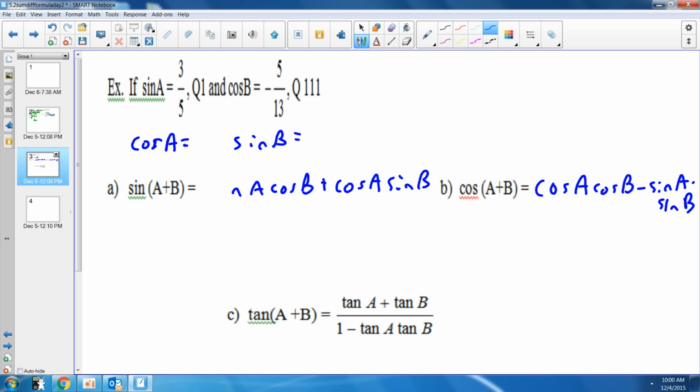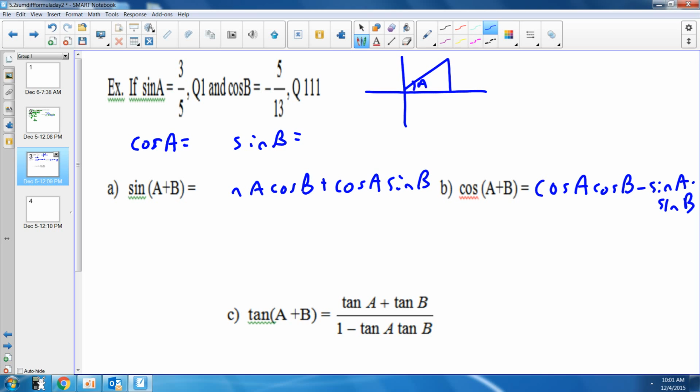So now it's a matter of finding out what those are, and the way that you figure out what those are is you draw them in standard position and then find the missing parts. So to do that, on one graph, draw both of them. Sine A is 3 over 5, so this is your angle A. You don't care what A is.